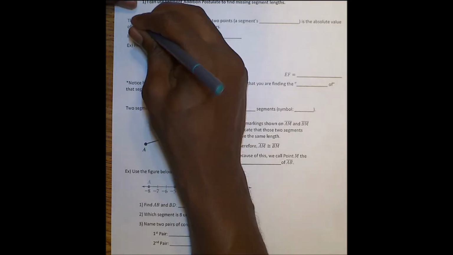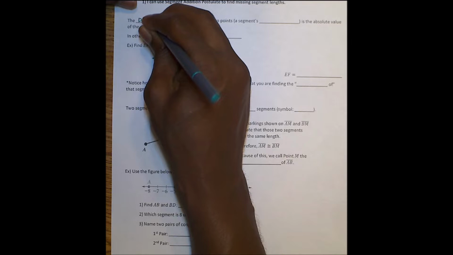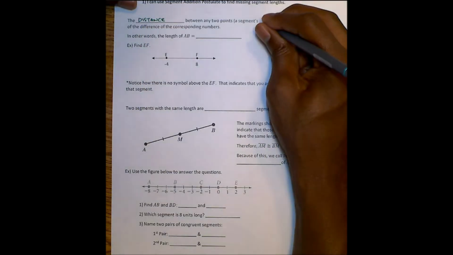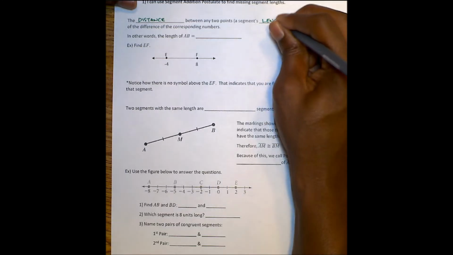The distance between any 2 points, a segment's length, is the absolute value of the difference of the corresponding numbers. Okay?